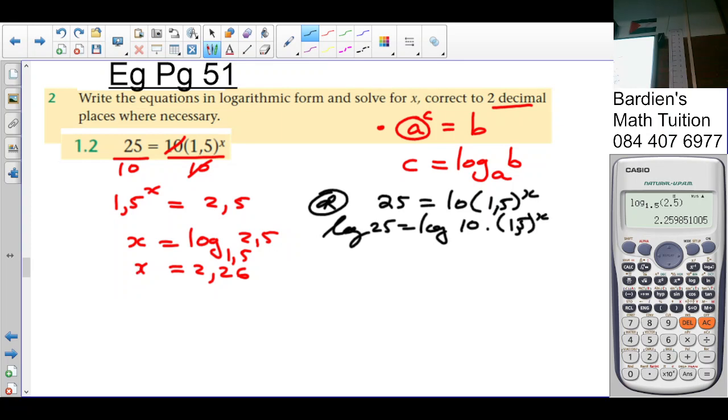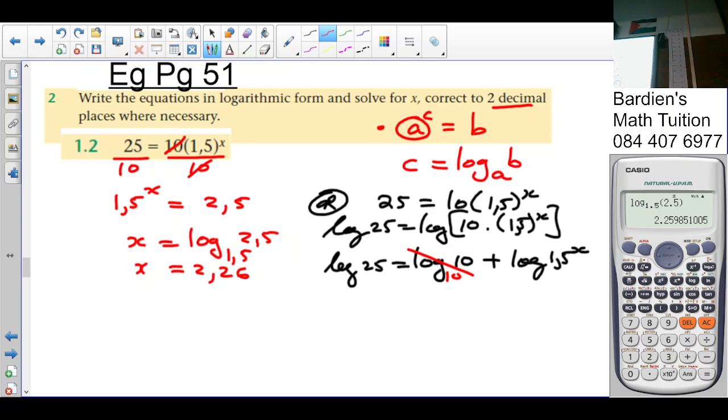Now remember, the first law of log says log of the product is equal to the sum of the logs. So it's going to be log 25 is equal to, now I break this number up, log 10 plus log 1.5 to the x. Now log 10 base 10, that is 1.